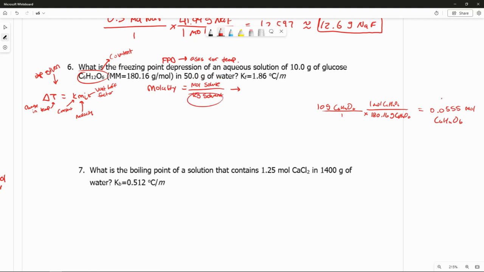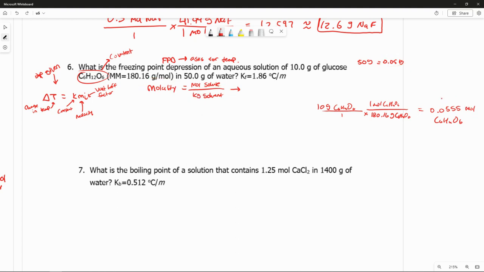All right, with this information, we have the moles of solute. The kilogram of solvent is going to be not the 10 grams of glucose, but the 50 grams of water, because we know that glucose is the solute, therefore the water is the solvent. We know that 50 grams is equal to 0.05 kilograms. With this information, we just figured out our kg of solvent, and we can solve for molality.